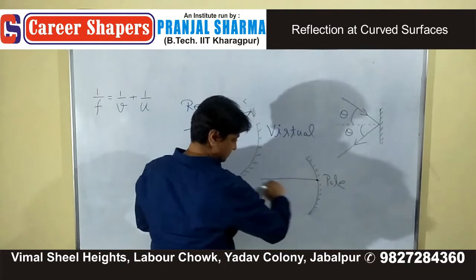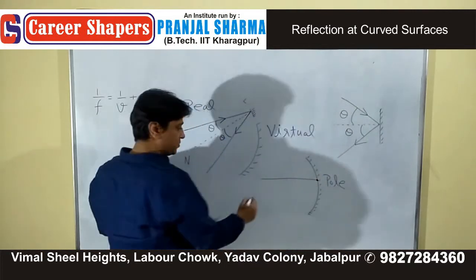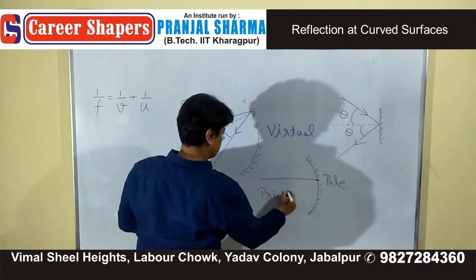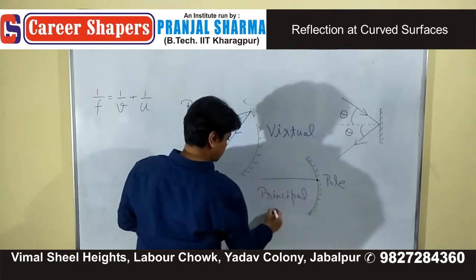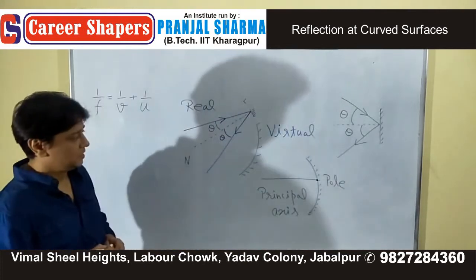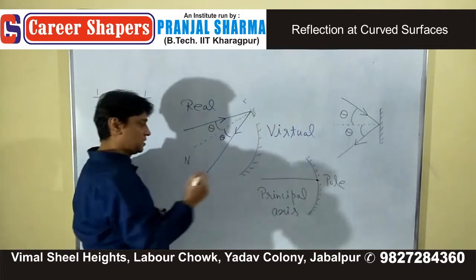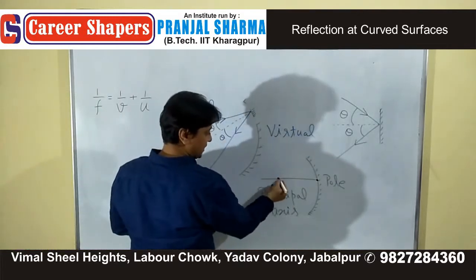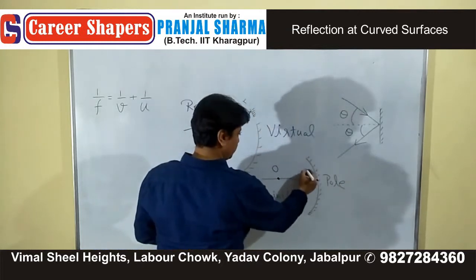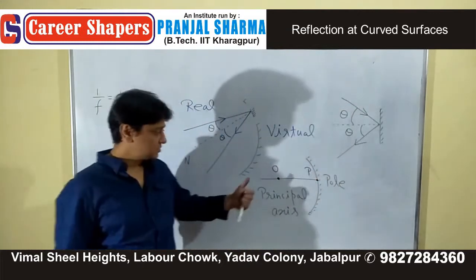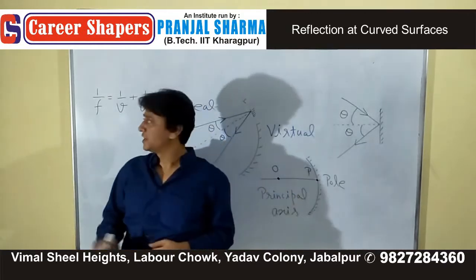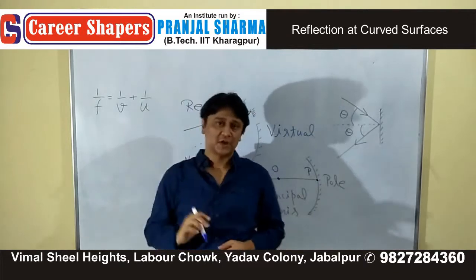This line is called the principal axis of the mirror. If you place an object at this position, and let's say the pole is P, then this OP distance is represented by U with proper sign. We'll see that.